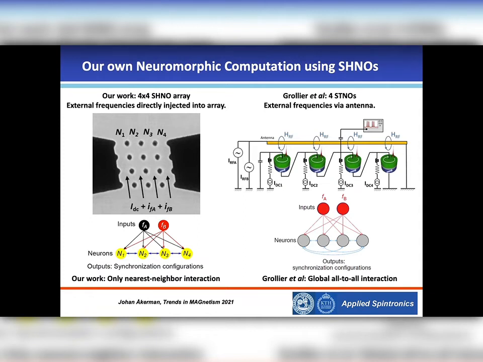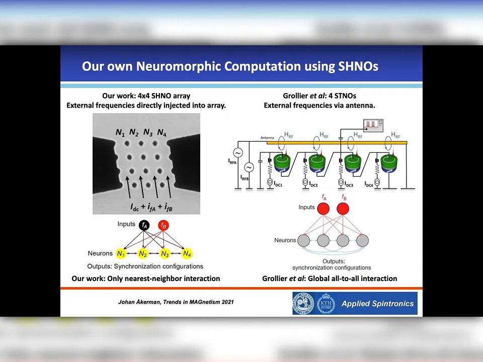And this gives us 4 neurons, 4 oscillators very closely positioned, very strongly interacting, but not synchronizing. And we will use inputs, but now we will not use an external antenna. Instead, we will simply inject the microwave currents into this array and see how the array responds to these injected currents.